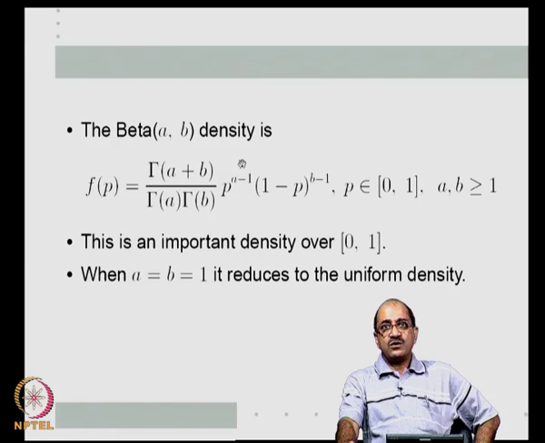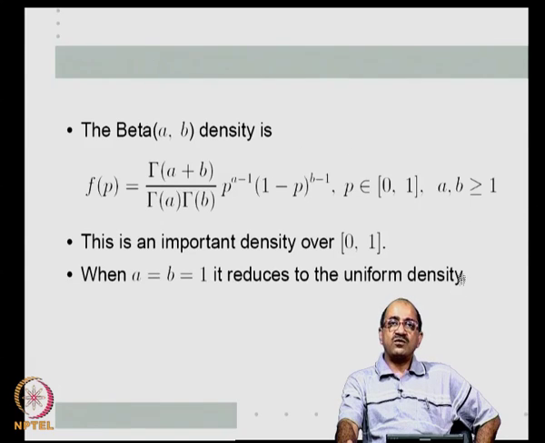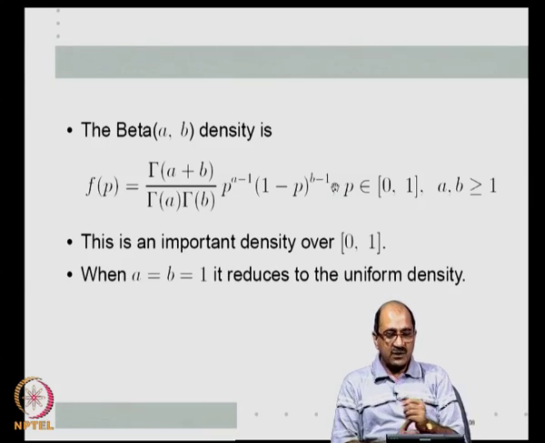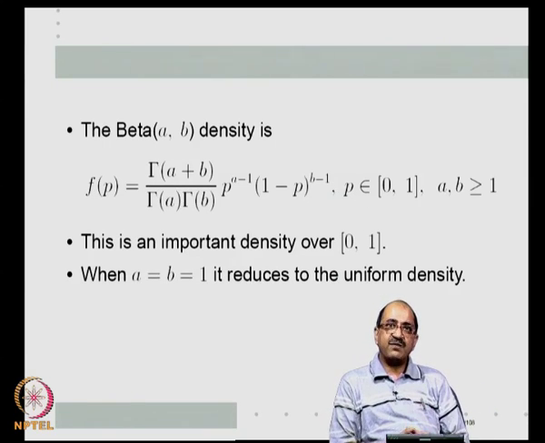If I put a is equal to 1, b is equal to 1, f(p) is a constant for all p belonging to 0 1, that is nothing but the uniform density. The constant should turn out to be the right constant, namely 1, but that we will show shortly, that this is a density. So, if a is equal to b is equal to 1, it reduces to the uniform density, but if a and b are different, then it is a density which is not uniform.